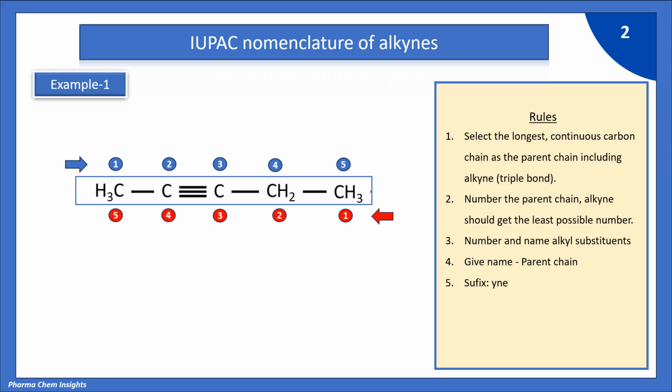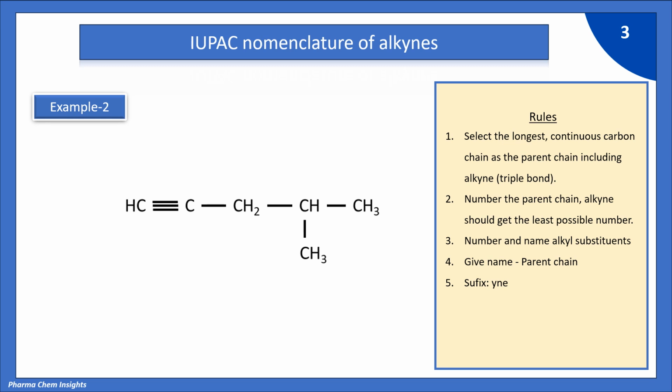Here the alkyne group, that is the triple bond carbon, should get the least possible number, which is correct in case of blue numbering, and hence this one is the correct option for numbering. So the compound name would be pent-2-yne. Let's move ahead to the next example.